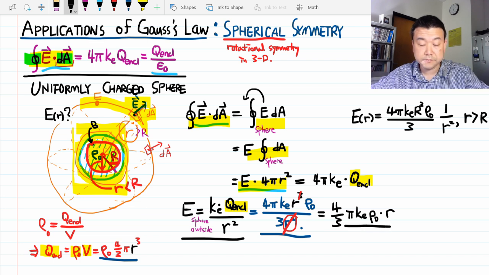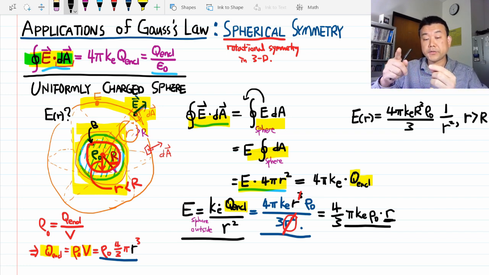It says simply that the magnitude of electric field inside the sphere goes linearly as the distance from the center of the sphere. So when you're at the very center, the electric field is 0. When you hear that, it probably makes sense. I hope it makes sense. And as you go farther and farther out, the electric field increases up until the point you reach the surface of the sphere.